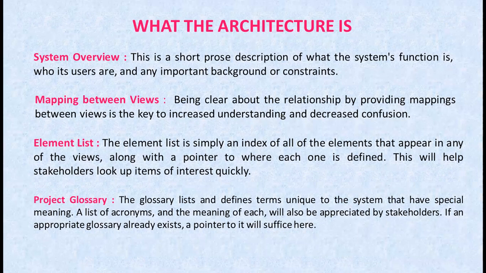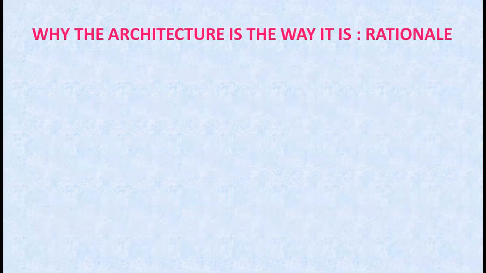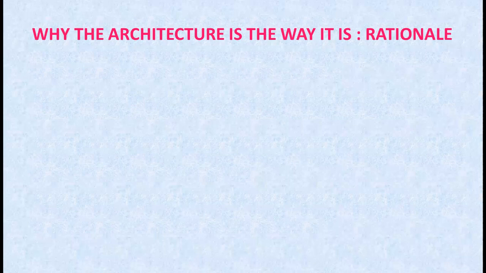Now coming to why the architecture is the way it is, the rationale. Here cross-view rationale explains how the overall architecture is a suitable solution to its requirements.